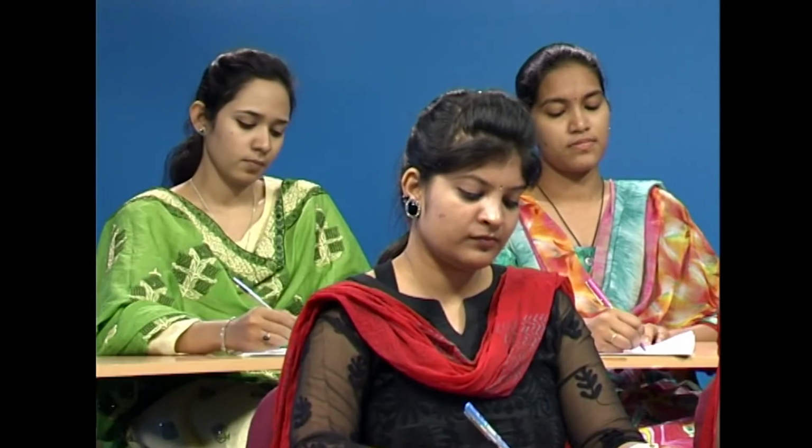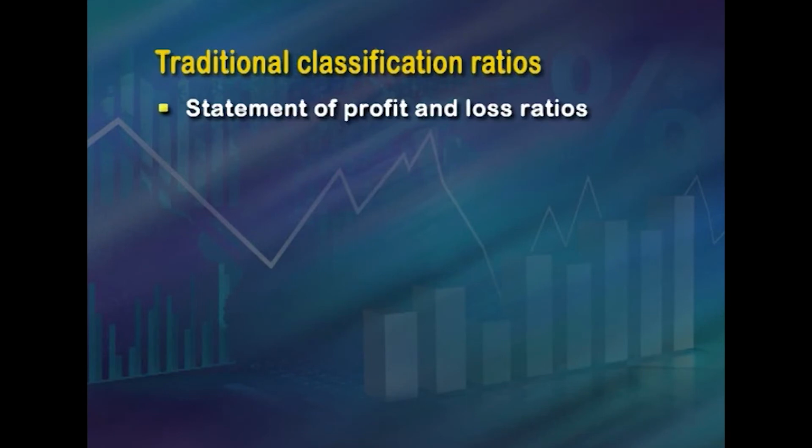So, there are two ways of classifying the ratios. One is the traditional classification and the next is the functional classification. The traditional classification is on the basis of the financial statements to which the determinants of ratios belong. On this basis, the ratios are classified as statement of profit and loss ratios: a ratio of two variables from the statement of profit and loss.